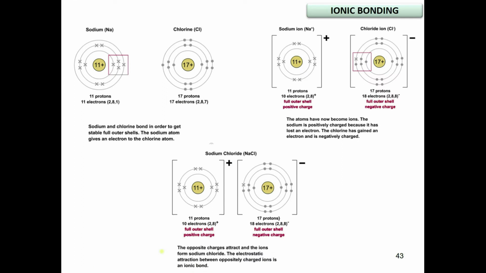Whenever you want to represent how ionic bonding is formed, here is one example, NaCl. Sodium has atomic number 11, so it has 11 electrons, and it has 1 valence electron. Chlorine has atomic number 17, so it has 17 electrons and 7 valence electrons. It needs another electron to achieve the octet.